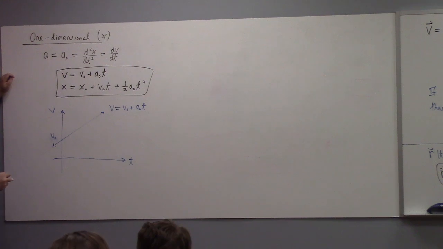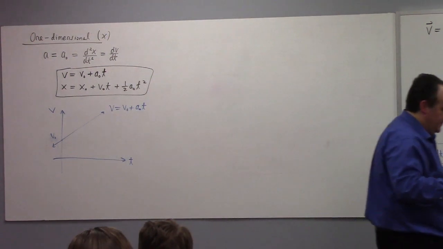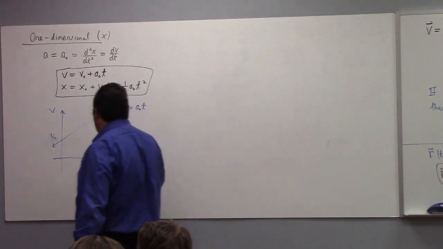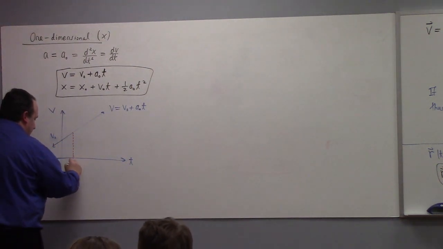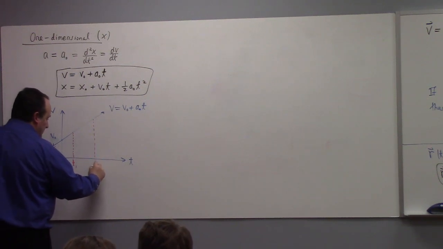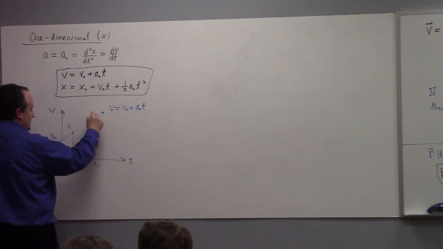Another thing you might notice, and there are problems which require this to solve, is that there's this cool relation between, say, if we say T1 here and T2, so we're talking about velocity 1 and velocity 2.